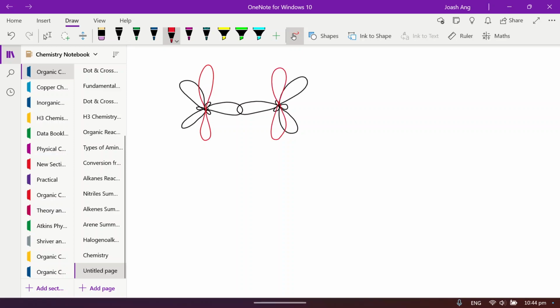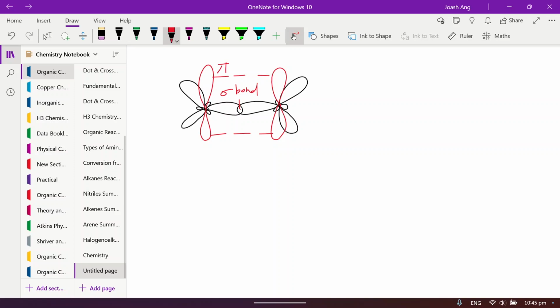So you see that the p orbitals are overlapping side on, whereas the sp2 hybrid orbitals are overlapping head on. So this one is a sigma bond and it has a head-on overlap.